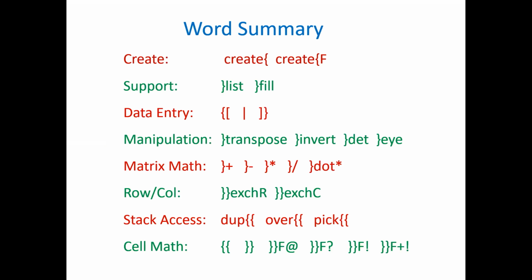Other ones are such things as row and column interchange, and stack access words, where you have matrix addresses on the stack and you are manipulating them. In other words, you are moving the matrix address around on the Forth stack. And finally, the cell math, down at the bottom, such as we'd expect: fetch, store, and plus store.